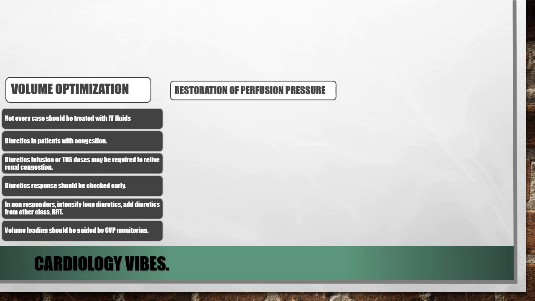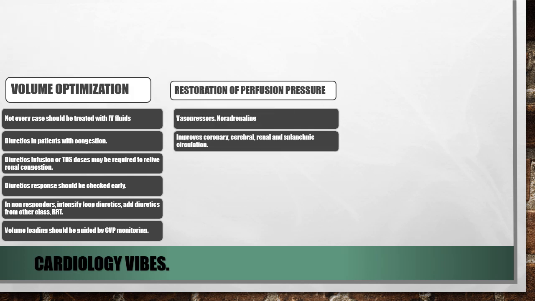The second step is restoration of perfusion pressures, and this is done by vasopressors. The vasopressor of choice in these patients is noradrenaline. It improves coronary, cerebral, renal, and splanchnic circulation.